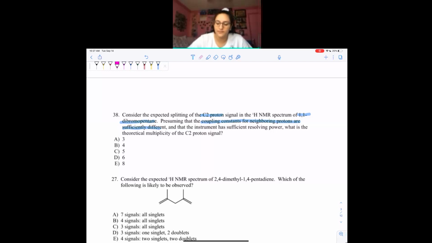So let's draw out 1,1-dibromopentane. 1, 2, 3, 4, 5. Okay, cool. No, just kidding. I was looking at it and I was like, that's not right.